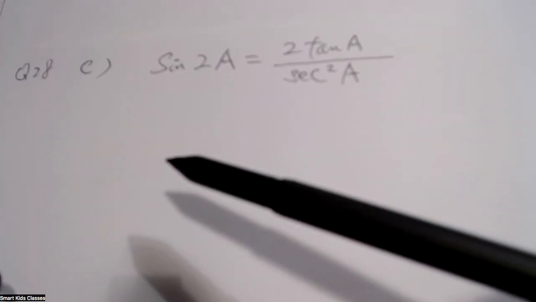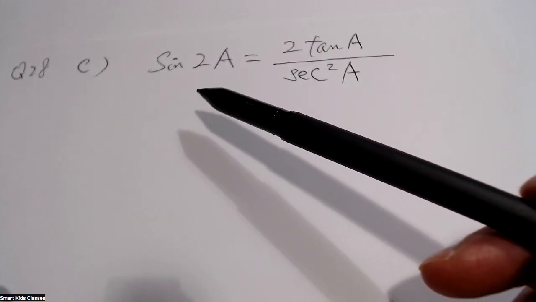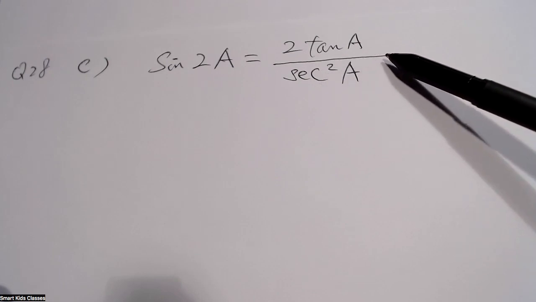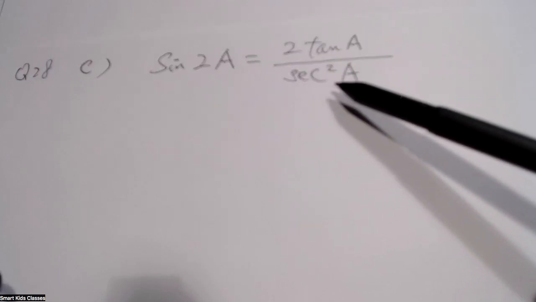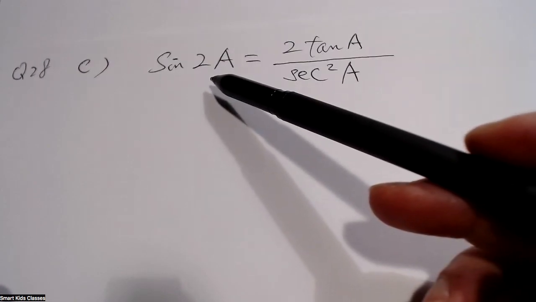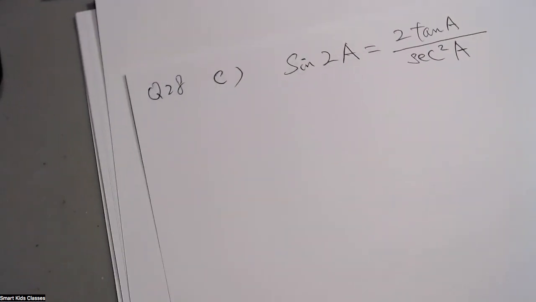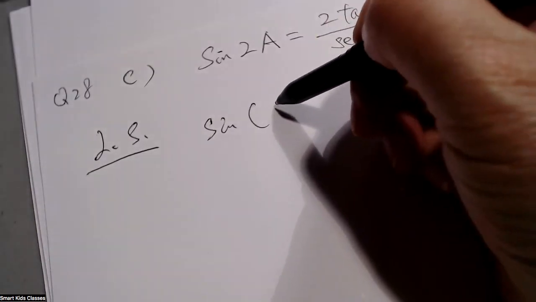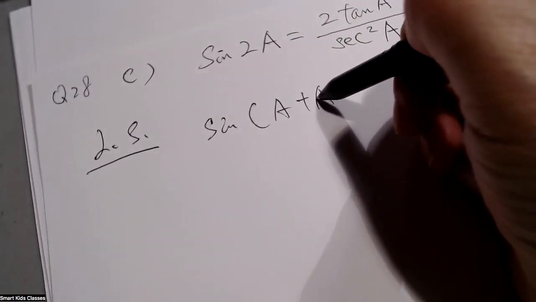The next question is question 28c: sine 2a is equal to 2 tangent a over secant squared a. I'm going to solve the left side first. Sine 2a can be sine of (a plus a).